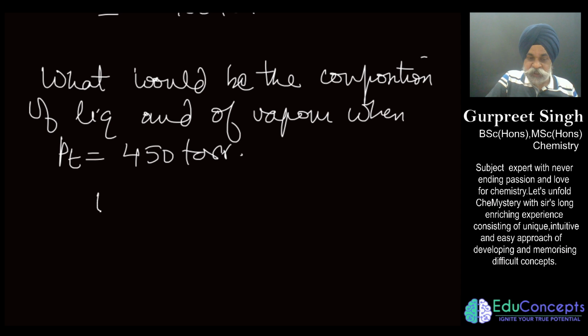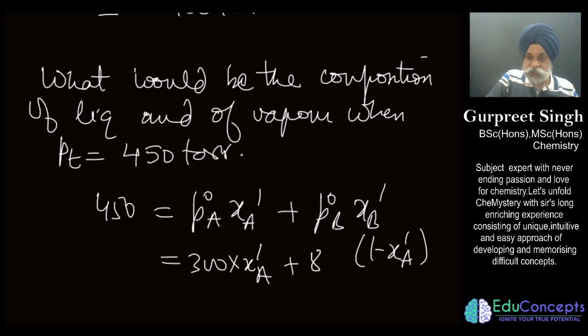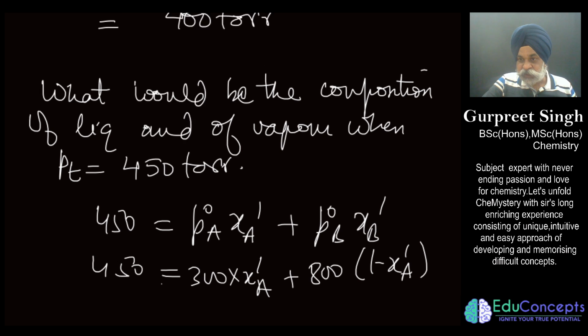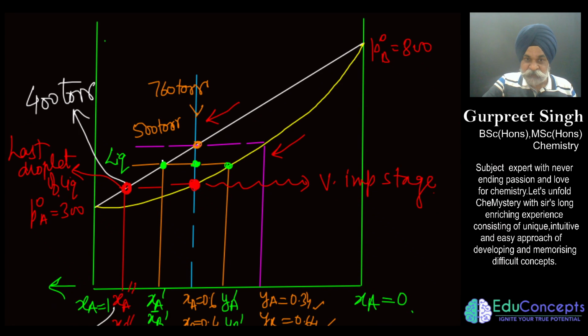That can be written as 450 torr is equal to P naught A XA dash plus P naught B XB dash. XB dash can be written as 1 minus XA dash. So this is 300 XA dash plus 800 times 1 minus XA dash. This is already being shown to you. So if they ask you at 450 torr, you can find out this one as well as this one.